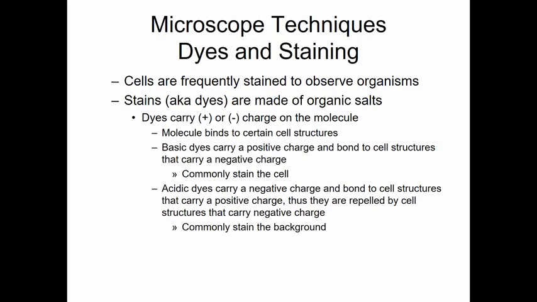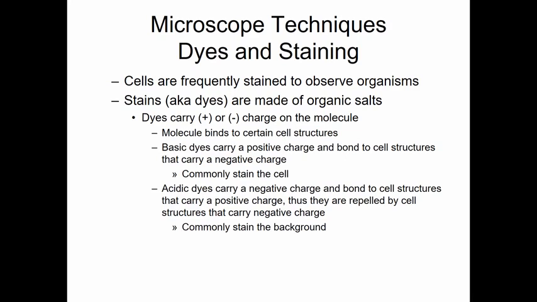Basically, a dye is an organic salt, and it is going to carry a charge, and that charge binds to cellular structures and gives them a color. All of this is coming back to charge, okay? A basic dye is going to carry a positive charge, and it binds to structures that carry a negative charge.